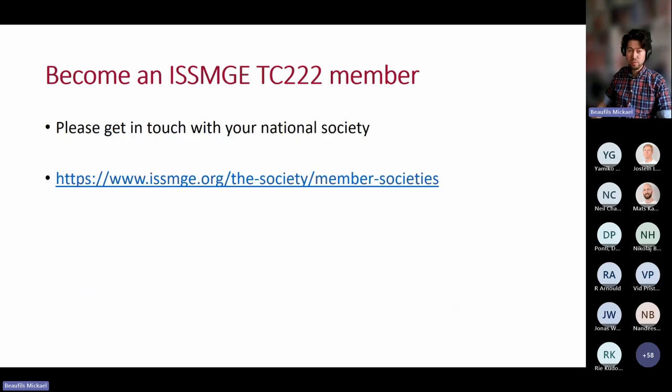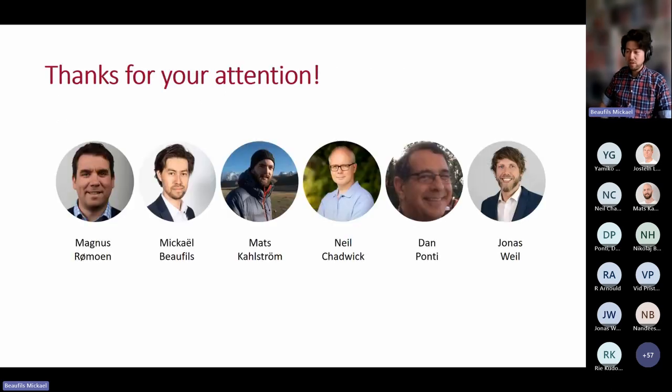And if you want to become an ISSMGE TC222 member, then this is possible, but you have to get in touch first with your national society. There is a list of the national societies of ISSMGE available from that website. If there are empty places, then you can apply to become one of us, and we'll be happy to be with you.